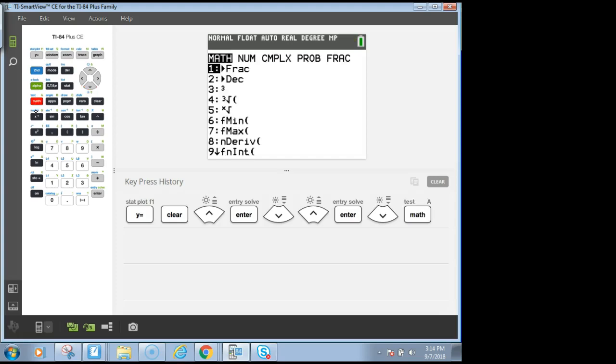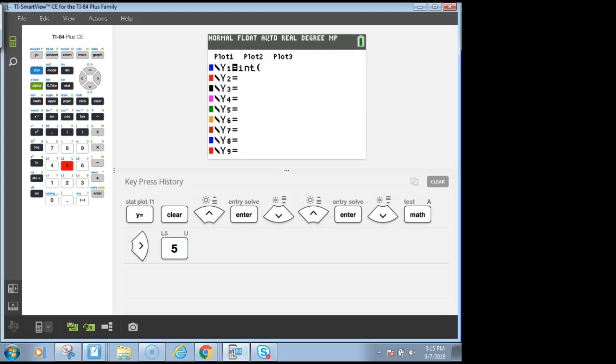Hit the math button, arrow to the right, to NUM. ABS, absolute value, that's the first one. 5 is the greatest integer function. So choose choice 5. You will see this, INT. Push X, which is next to the alpha button. I'll just do int of X right now.